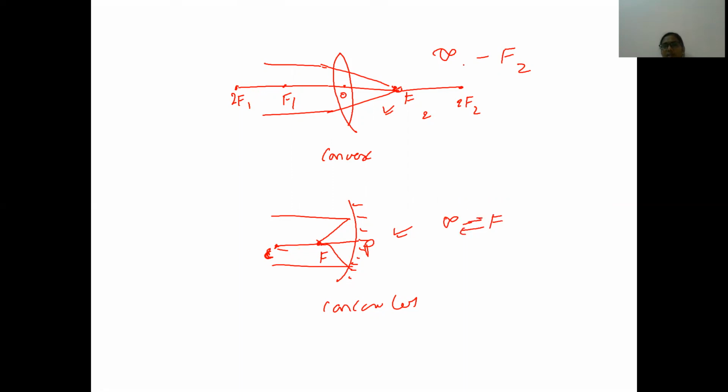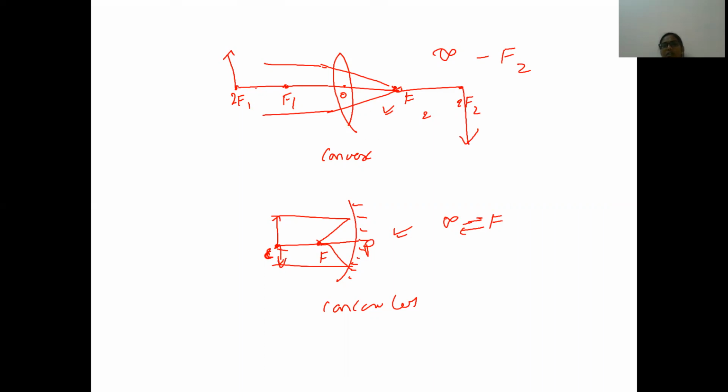Similarly here also, when the object is at focus, the image will be formed at infinity, infinitely enlarged. Same rules for this and this also. When you place the object exactly at 2f1, the image will be formed exactly at 2f2. Like when you place the object at C, the image is also formed at C only, the same size.